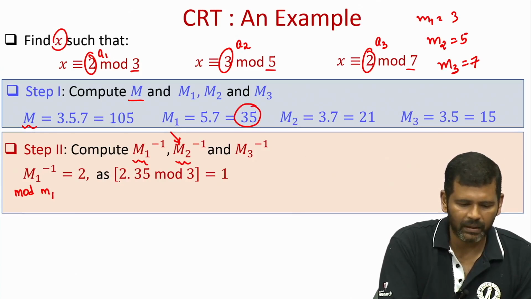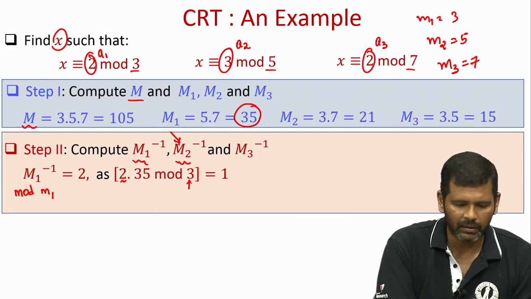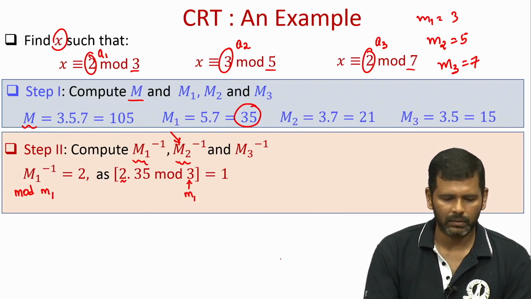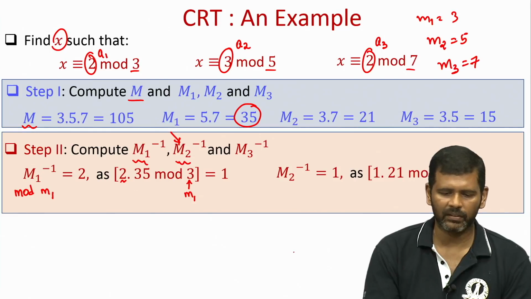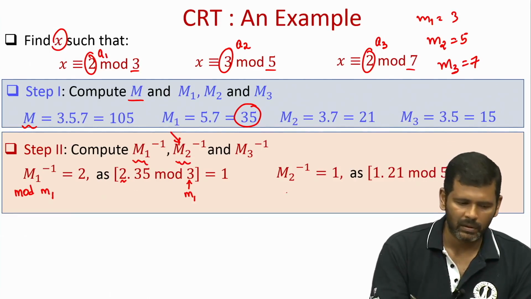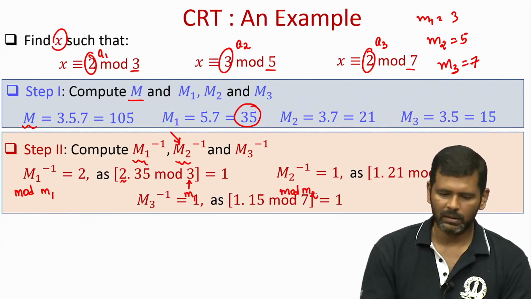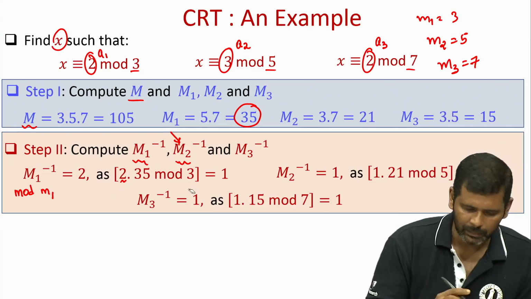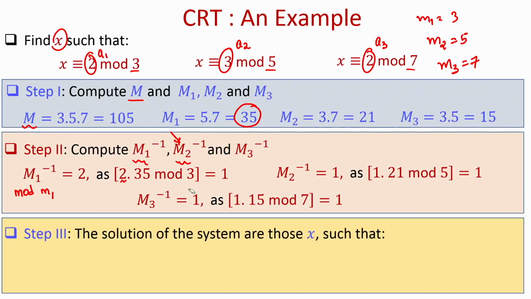If you multiply 35 with 2 and then take modulo small m1, then you will get the answer 1. In the same way, M2 inverse modulo small m2 is 1, and M3 inverse modulo small m3 is also 1.